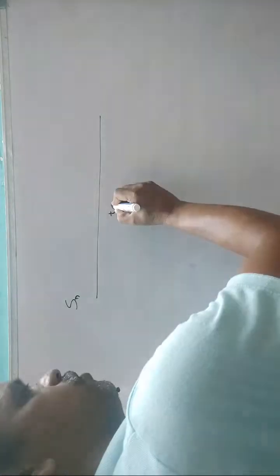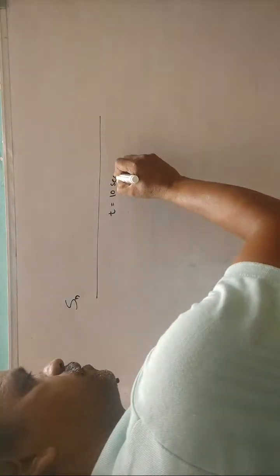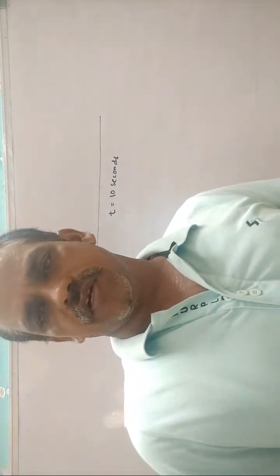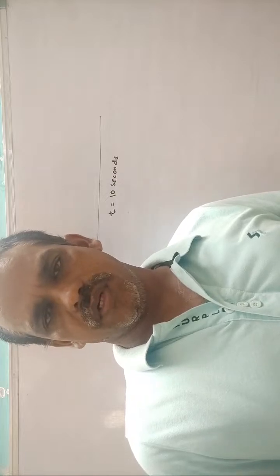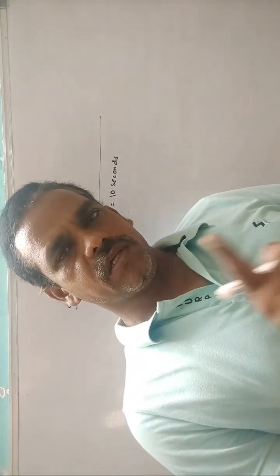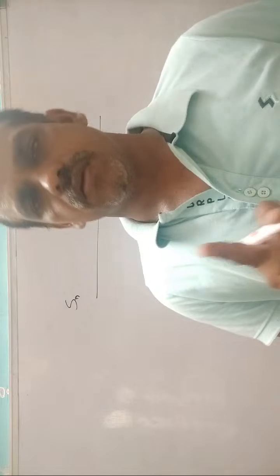So I will explain here the nth second displacement. I am repeating here. For example, a body traveled for 10 seconds. In 10 seconds there is 1 second, 2, 3, 4, 5, 6, 7, 8, 9, 10.